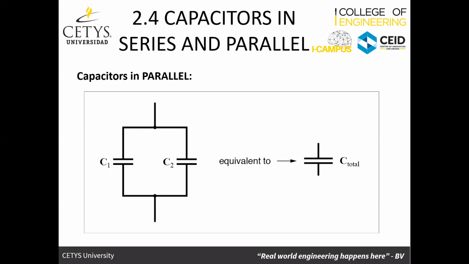The charge is going to be different in each of the elements. And the total or equivalent capacitance is also calculated differently. It's actually much more simple than the series array. The total capacitance is simply going to be adding up the individual capacitances.